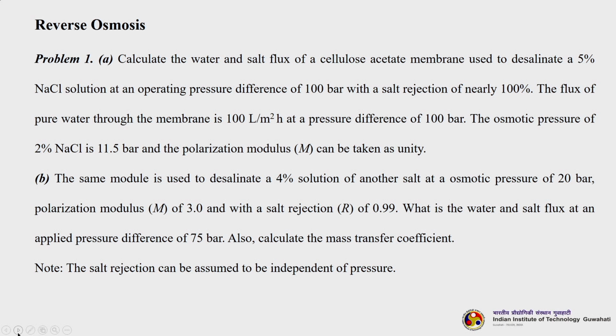Now, let us try to solve this problem. It is good practice that whenever a problem is given, when you try to solve it, you first note down what data is given and the equations that you require.